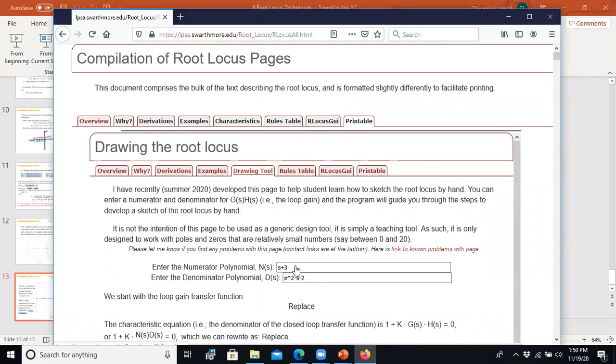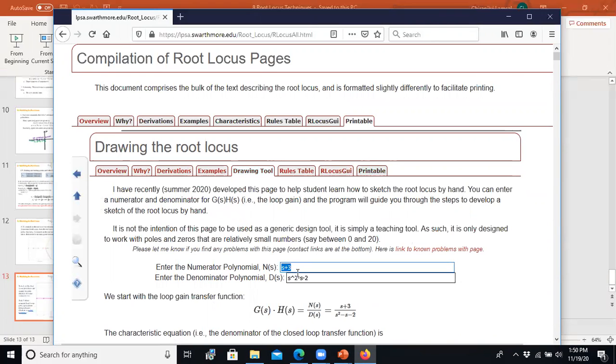Right here, see? So S plus 3 on the top. What is on the bottom? S times S plus 1.